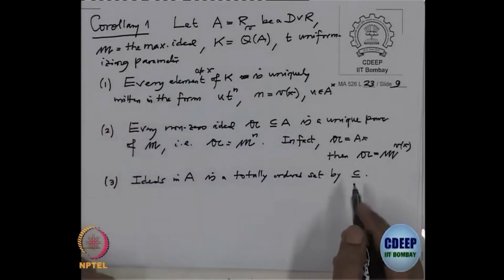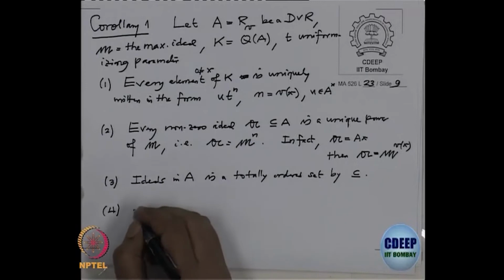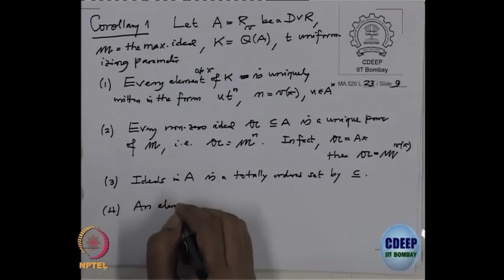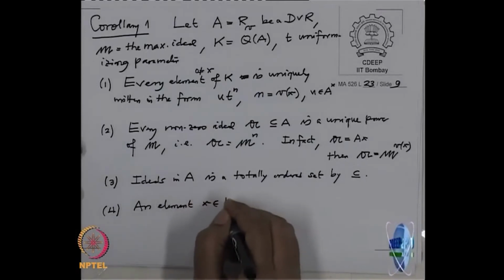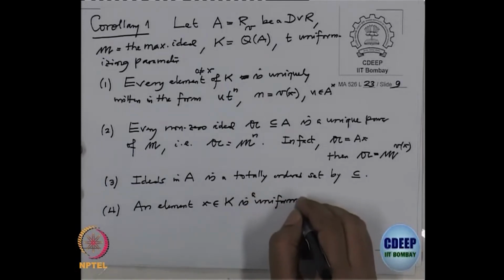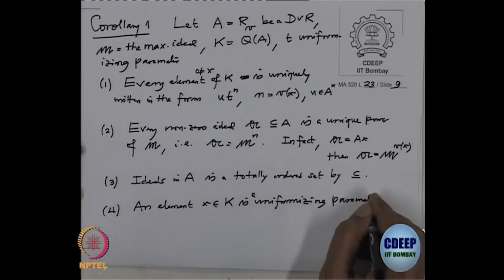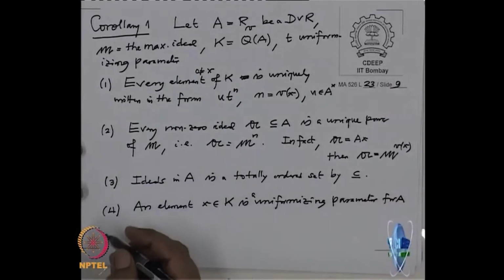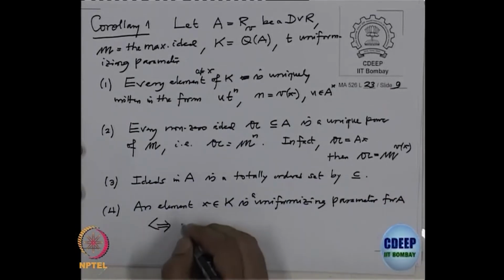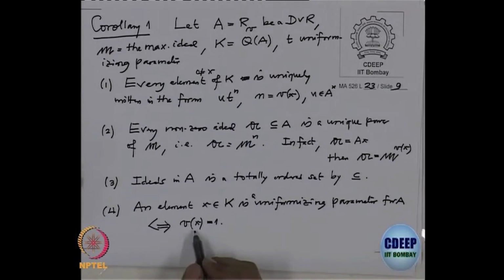So 4, an element x in K is a uniformizing parameter for A if and only if the value of that element x is 1. If the value of x is 1, then obviously it is in the maximal ideal, and obviously it has to be a generator.